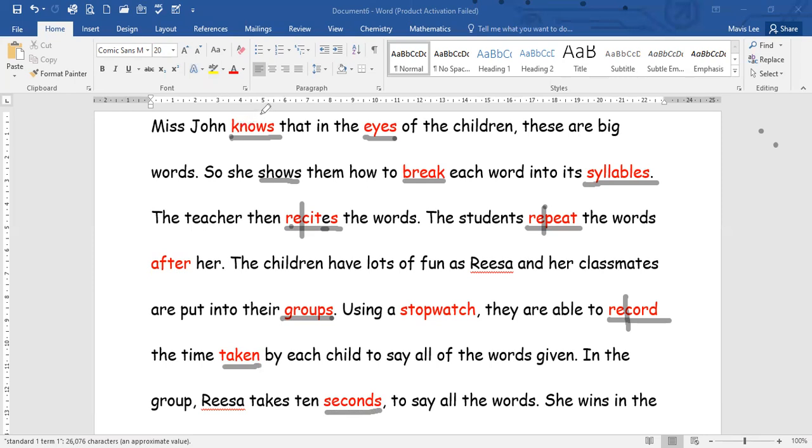Nose, eyes, shows, break, syllables, recites, repeat, after, groups, stopwatch, record, taken. Okay, that's as far as we got to.